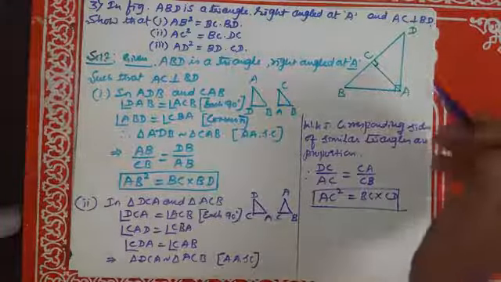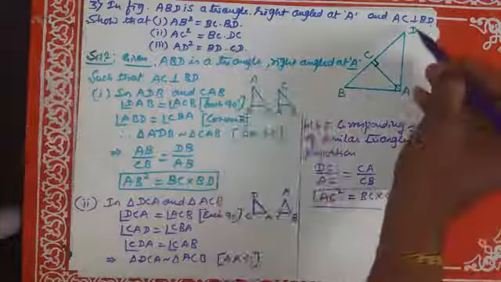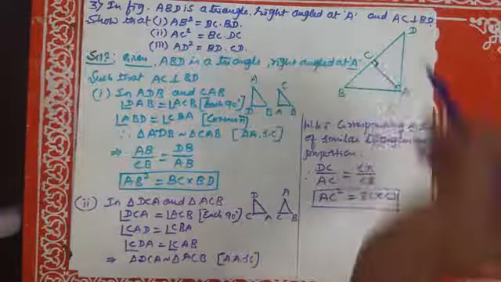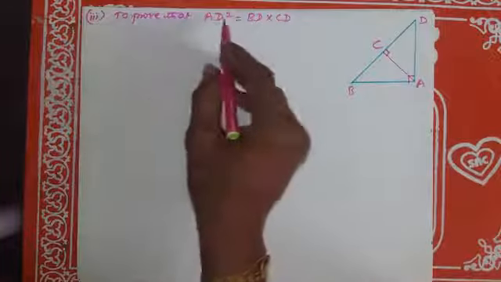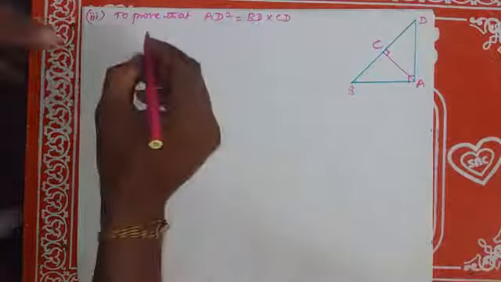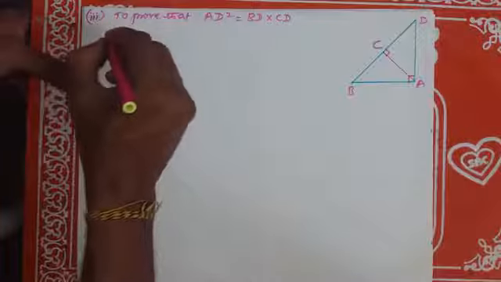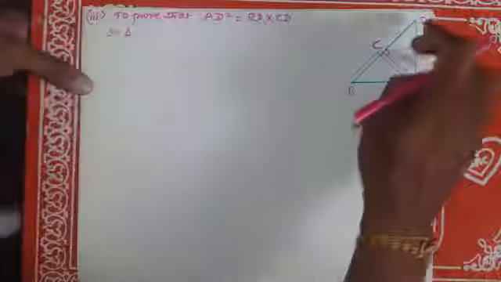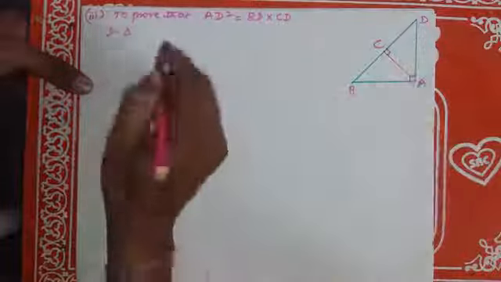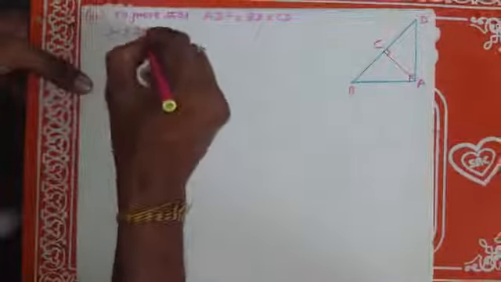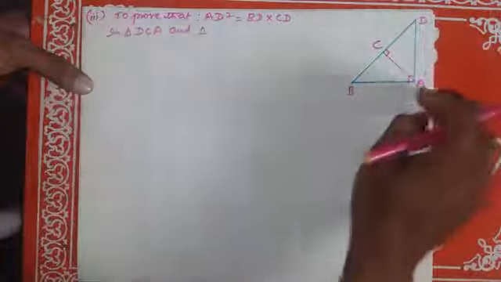Now let us prove that AD square is equal to BD into CD. Dear students, now let us discuss the third one. Look at this figure. In triangle DCA and triangle DAB, we have to compare these two triangles.